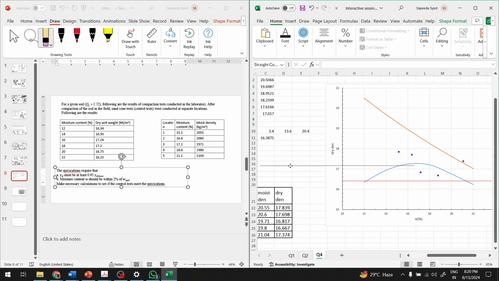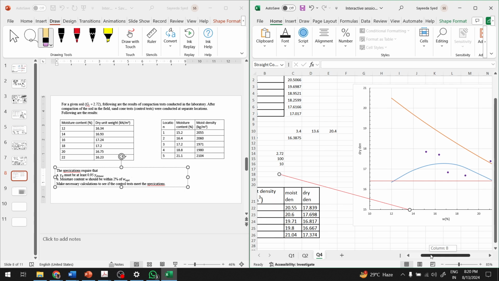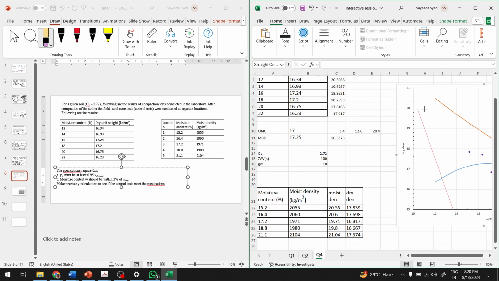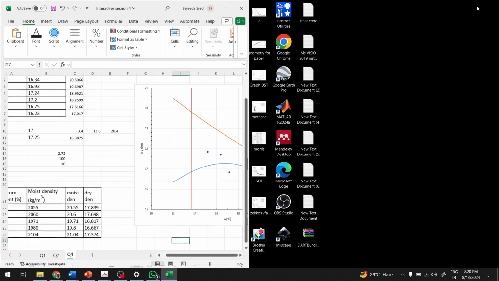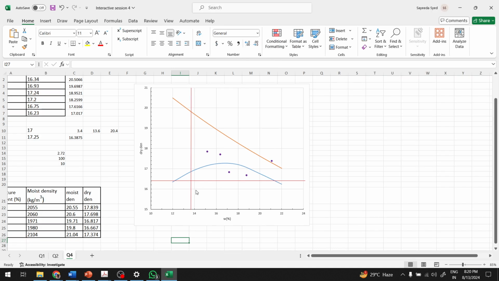This is 13.6, almost here. And 20.4, somewhere here.